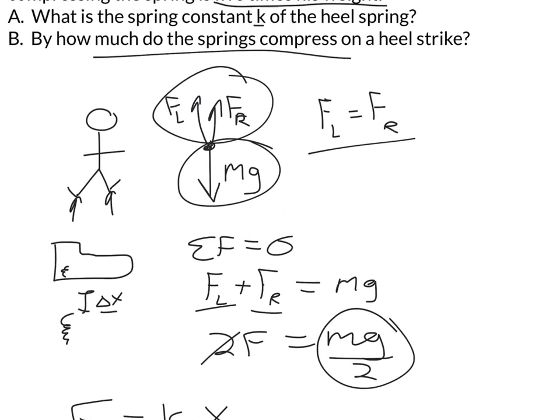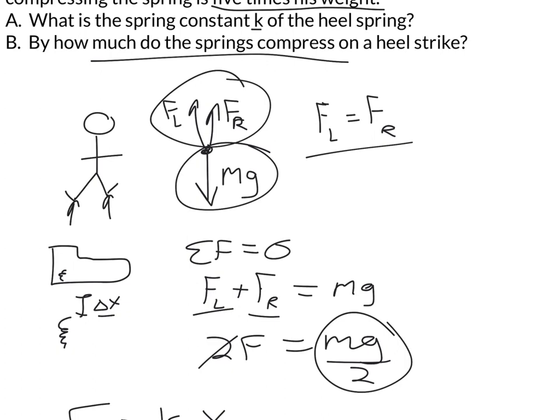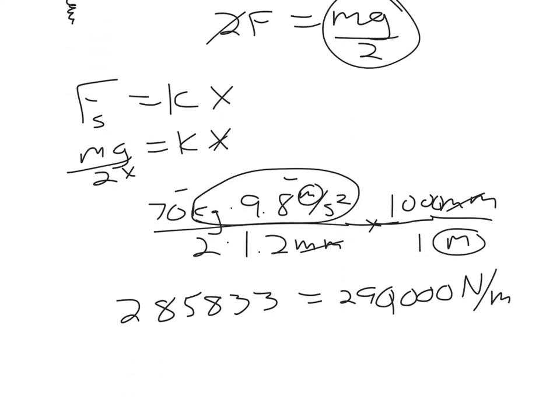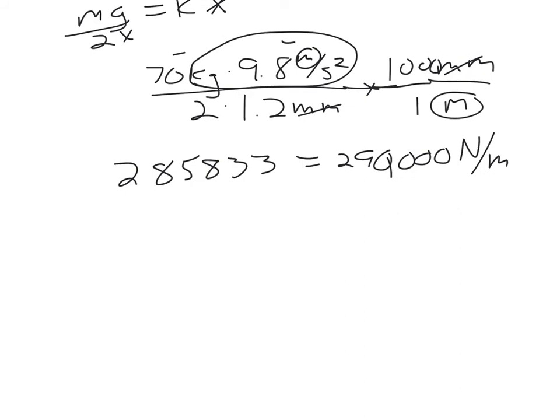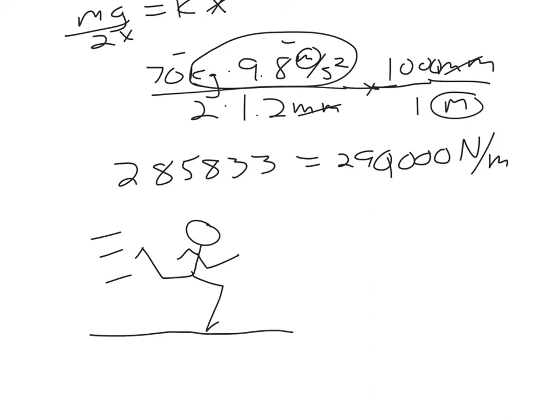So we go up, and how much do the springs compress on a heel strike? Well, what happens on a heel strike? They told us that when he's running, so here's the running. He lands on that heel, which, as I understand it, is not a great way to run, but you guys do you. He steps on that heel. So now, if I draw his free body diagram, his mg goes down, but it's only that spring force going back.